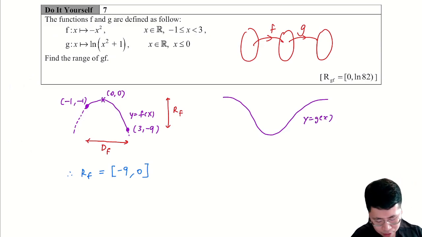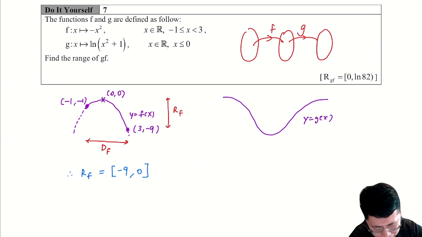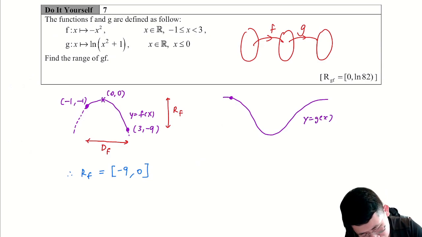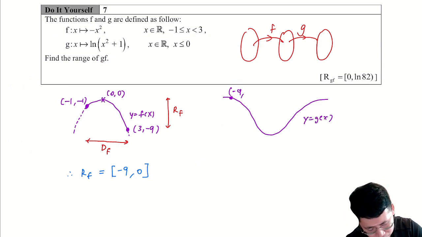Then restricting the domain, based on this over here, into Gx. So let's find where is -9. -9 is actually over here. So when x is -9, sub in -9 into here, y is going to be equals to ln 82.